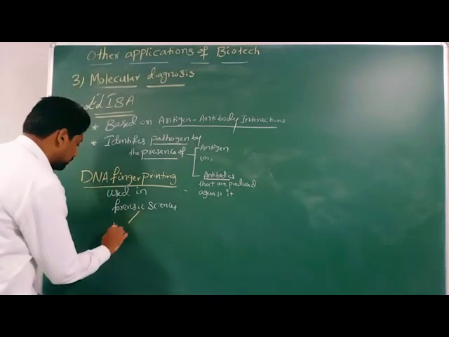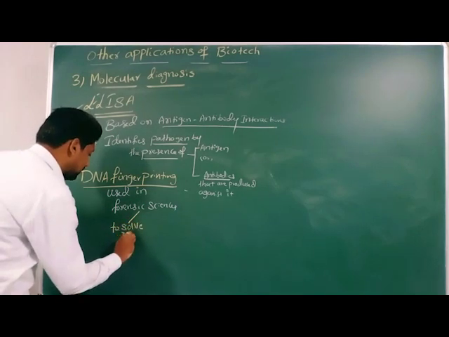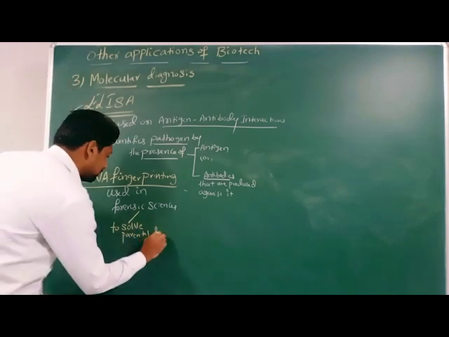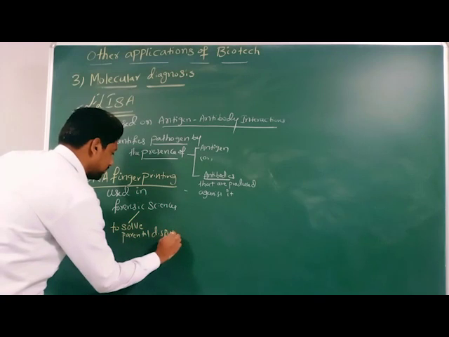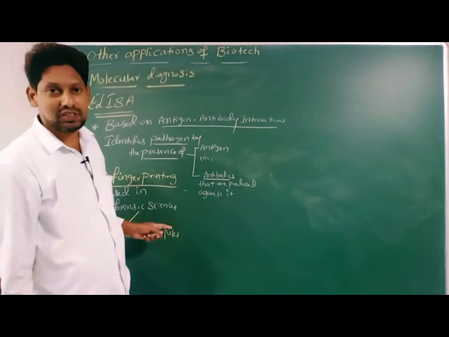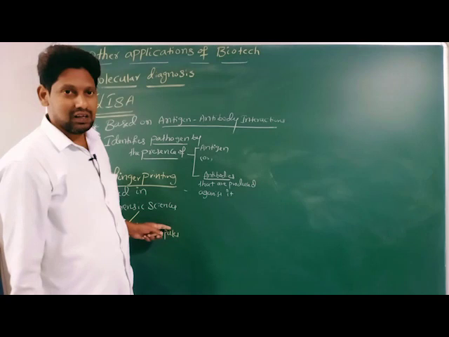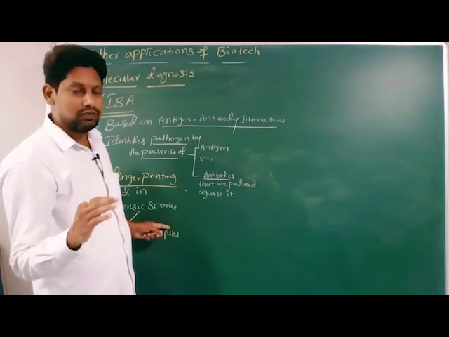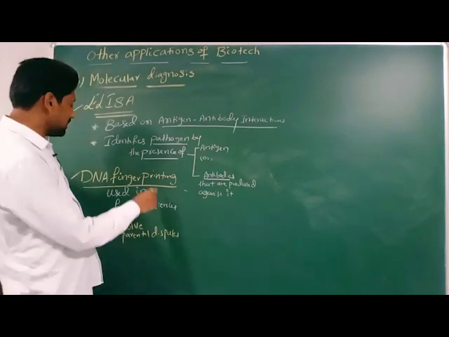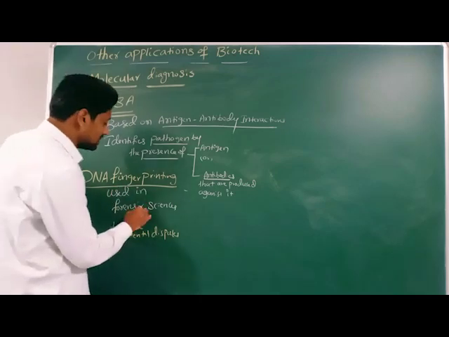To solve parental disputes. In hospitals, sometimes the children are exchanged. At that time, which couple the children belong to can be identified by using DNA fingerprinting. Therefore, DNA fingerprinting is used in forensic sciences to solve parental disputes.